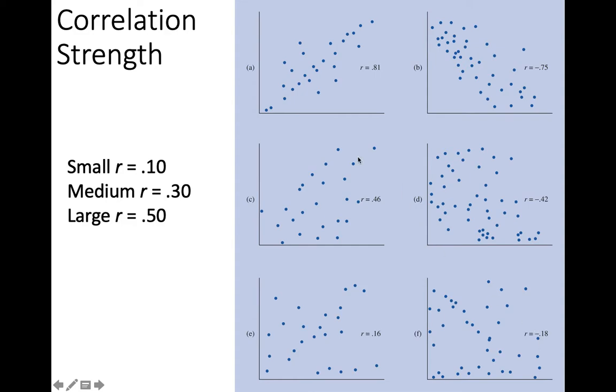What you can see is that the correlation coefficient gives us two pieces of information. It gives us the direction of the relationship: positive numbers indicate a positive relationship, negative numbers indicate a negative relationship. And then the size of the correlation indicates the strength of the relationship.